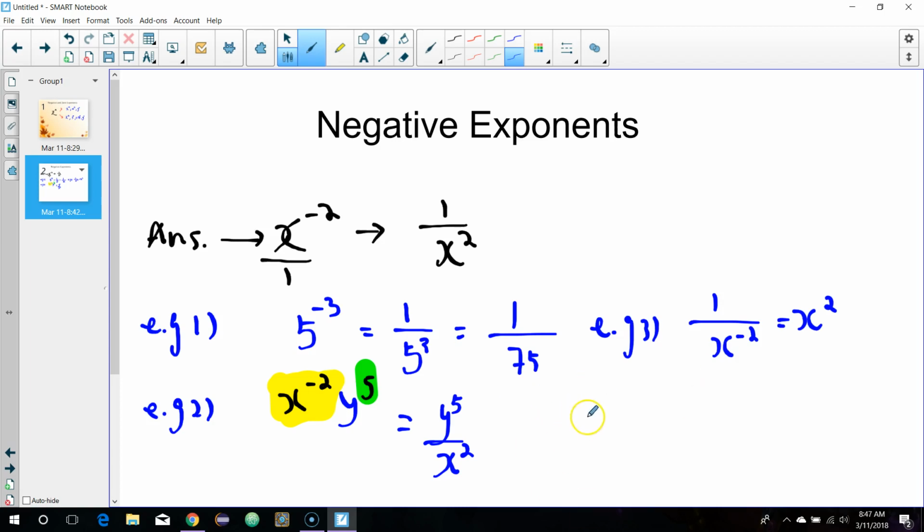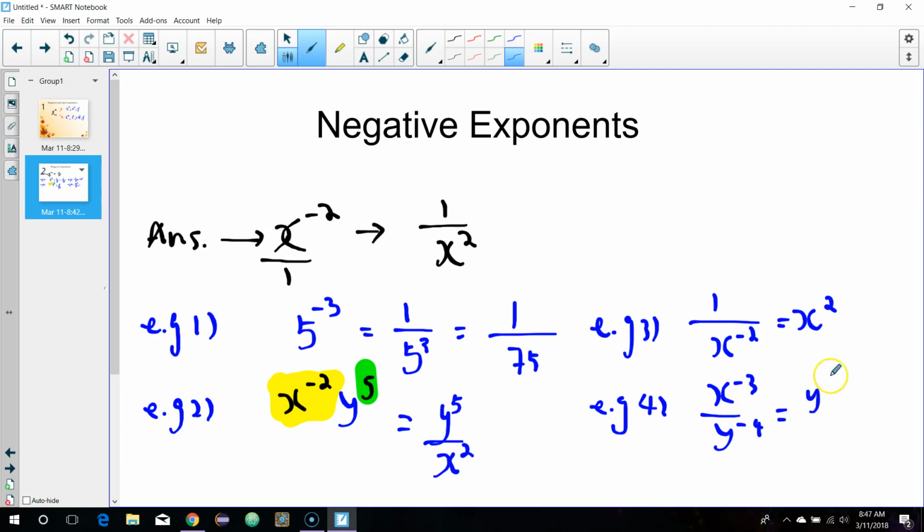Let's just make it even more difficult. Okay, this time I have 2 variables and they're both negative: negative 3 and negative 4. It's just some random numbers I came up with. Because both of them are negative, you're going to swap the location.